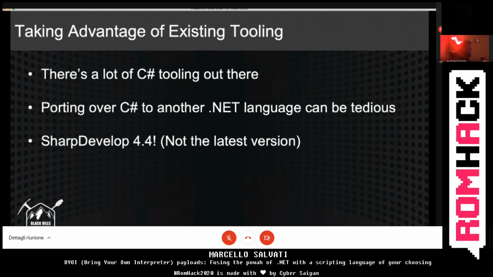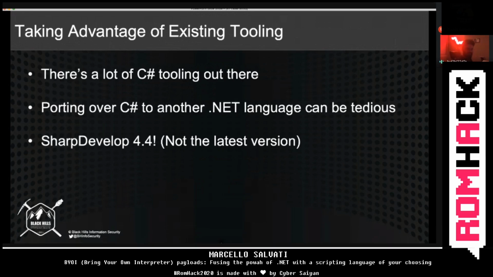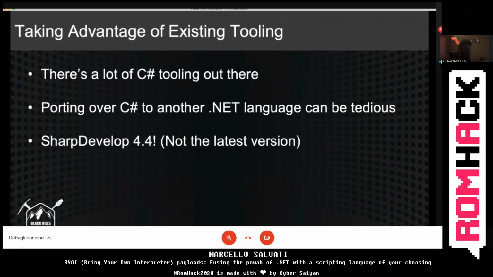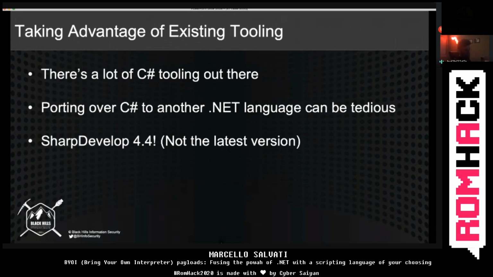Incredibly enough, there is a project called SharpDevelop 4.4 that has a C# to Boolang translator. It was removed in the latest version, so you have to get exactly version 4.4.